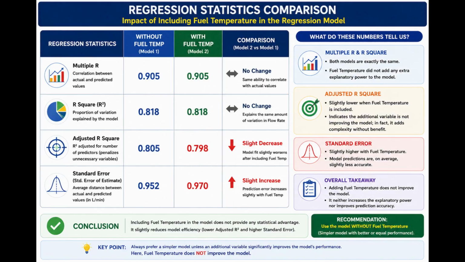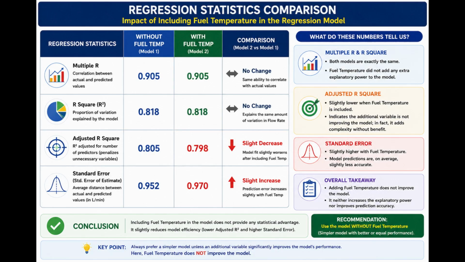Now let's compare the regression statistics of the two models. The first model is without fuel temperature and the second model is with fuel temperature. First output parameter is multiple R. In both cases, multiple R is 0.905. This means the correlation between the predicted flow rate and the actual flow rate is exactly the same in both models.